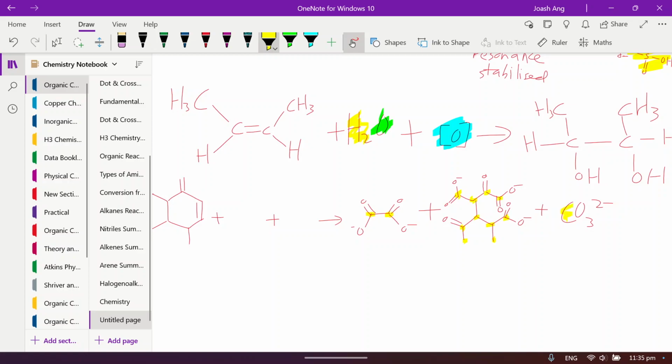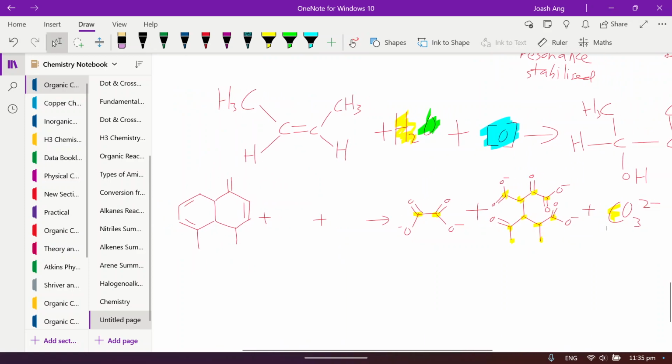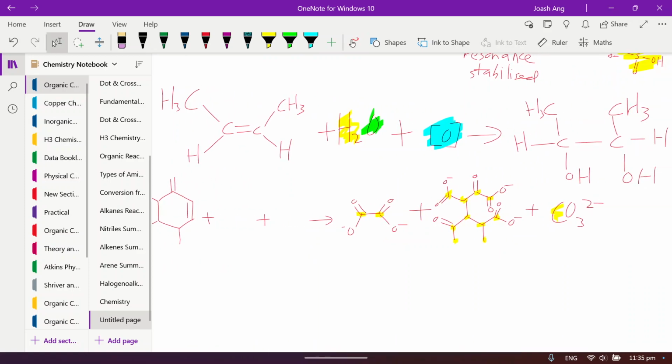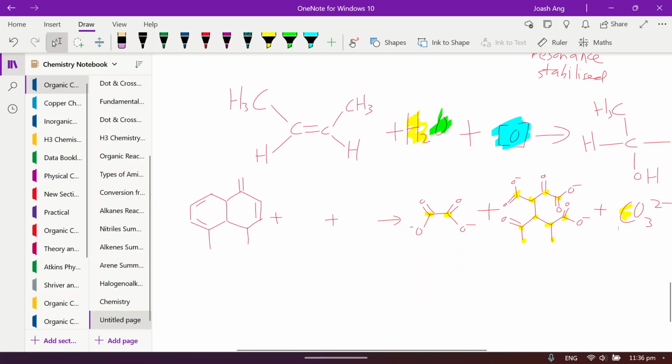So 13 carbon. Now we can check for oxygen. So we check 1, 2, 3, 4, 5, 6, 7, 8, 9, 10, 11, 12, 13, 14, 15. So there's 15 oxygen right here.